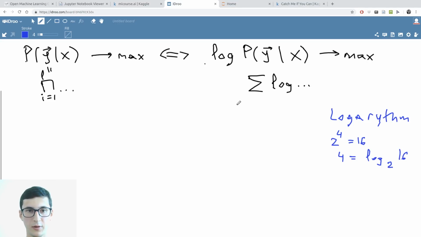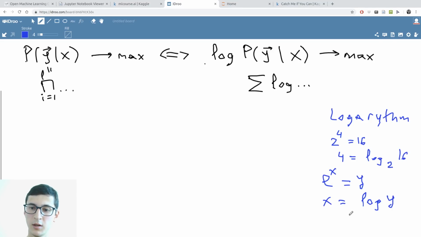I can give you a link, or you can just Google logarithms, you'll be really quick about that. So if e to the power of x is equal to y, then x is the logarithm of y, and ln just means logarithm with base e.